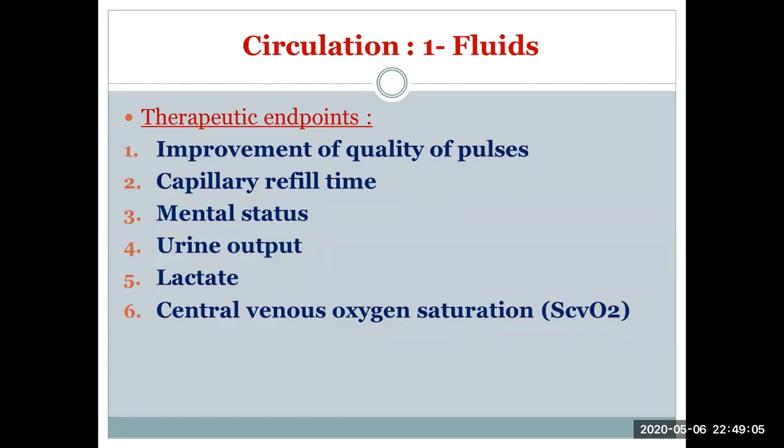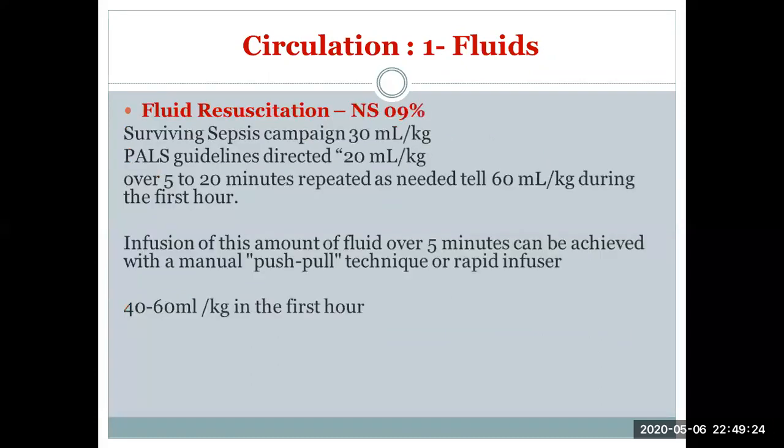And central venous oxygen saturation is a very golden parameter that we need to depend on. The only problem is that it needs to be extracted from a central line, the neck line, the IJ, and in our condition, central lines might not be available in the first hour of presentation of the patient in the emergency.